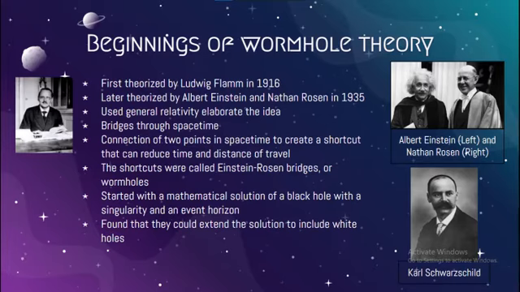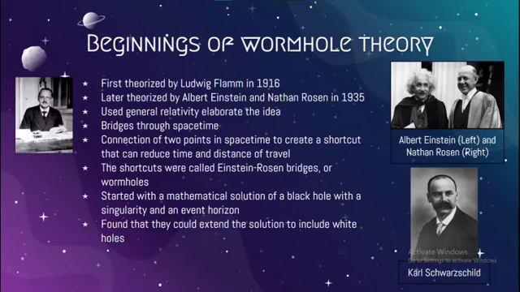Both Einstein and Rosen thought that the surface of a black hole could possibly be a bridge to another point in space. A black hole consists of a singularity, which is a point of infinite density, and an event horizon, a region surrounding that singularity beyond which nothing can escape.